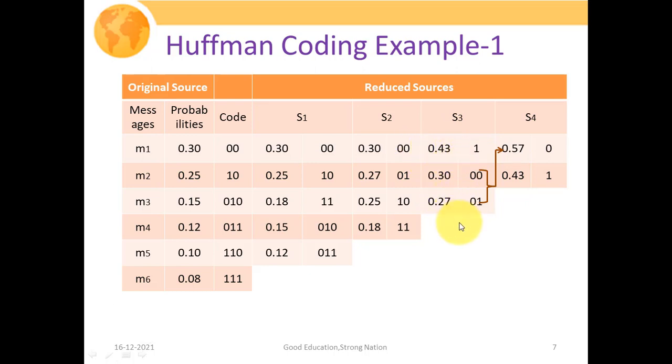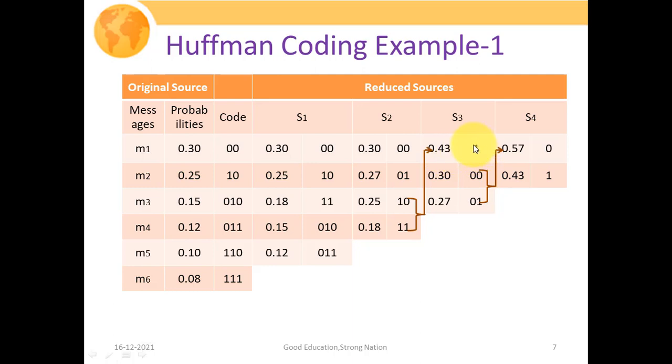So now next again we have to travel backward, and from where we have got this probability 0.43, it is basically the summation of these two, that is your 0.25 and 0.18. So again 0.43, the code associated with that 0.43, that is your 1.